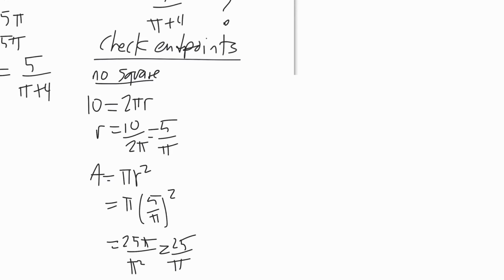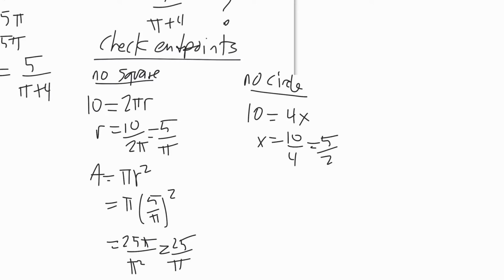Now if we did no circle, we would have, again, the 10 meters of wire equal to the perimeter of the square, 4x. So x would be 10 over 4, which is 5 over 2. So the area will be x squared, so 5 over 2 squared, which is 25 over 4.